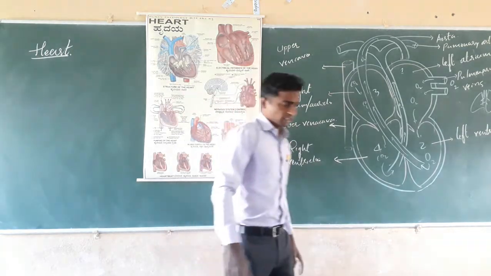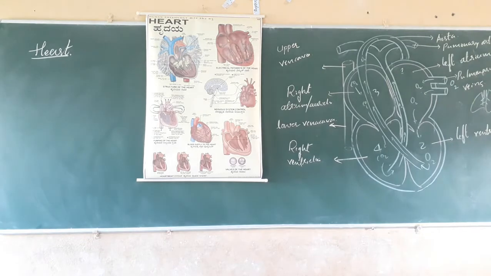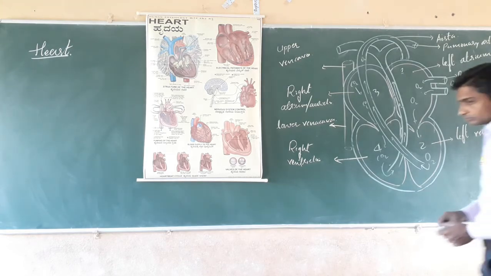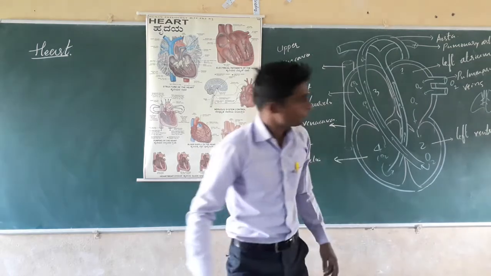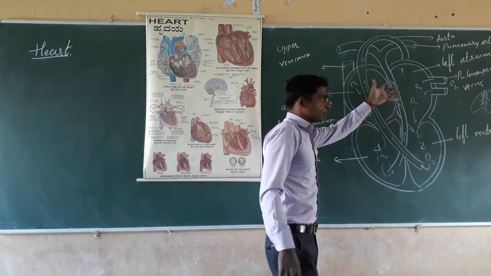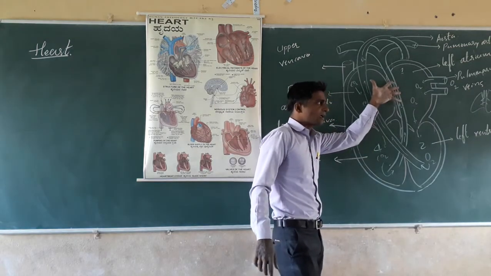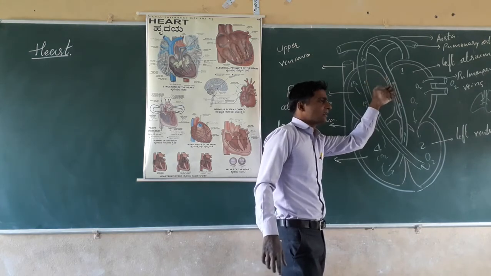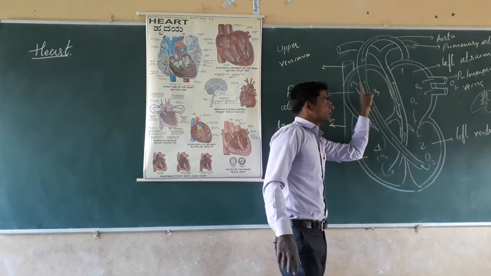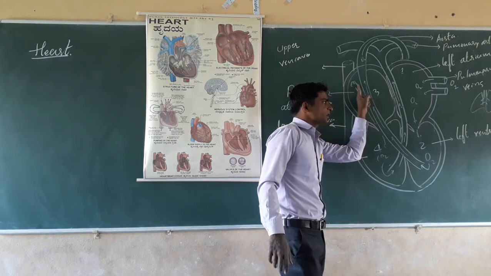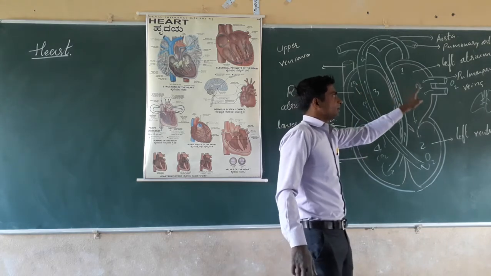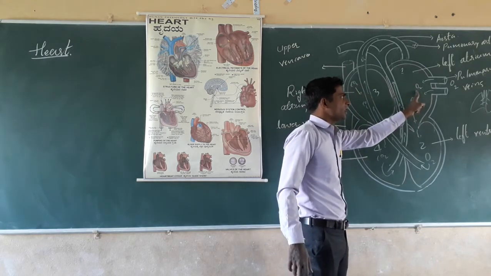Once again, I will tell you, the human heart shows contraction and relaxation. First, what happens? The upper chamber relaxes. When the upper chamber relaxes, the carbon dioxide rich blood enters the right atrium and the oxygenated blood enters the left atrium.